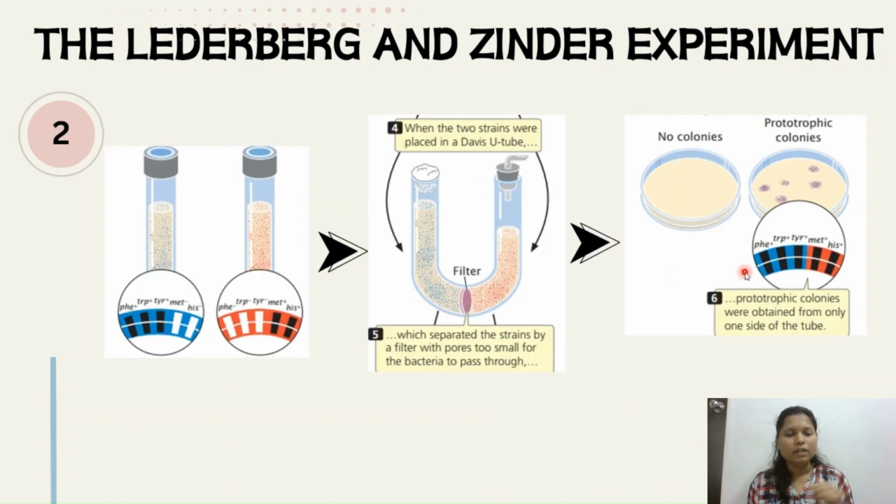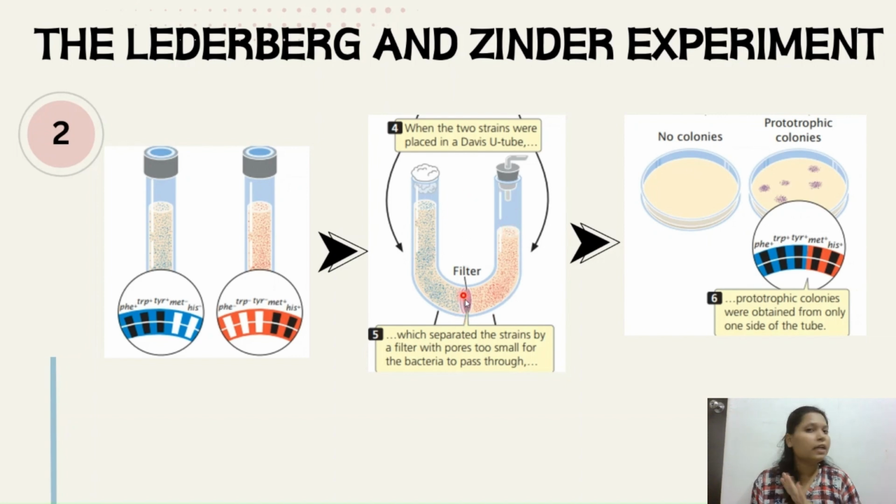In the second method, similarly, they took these two strains which were auxotrophic to some amino acids, and put these strains in the Davis U tube. That is, one strain on one side of the Davis U tube and the other strain on the other side. The Davis U tube had a filter in between.